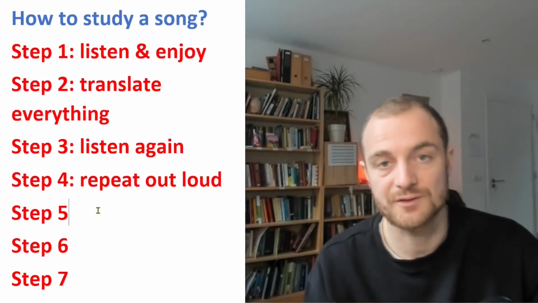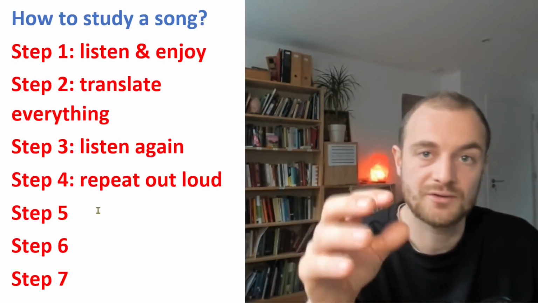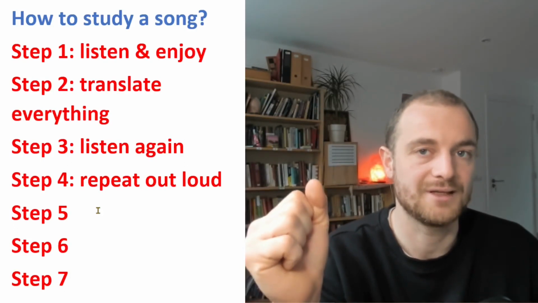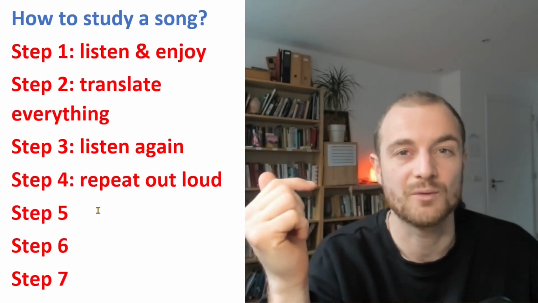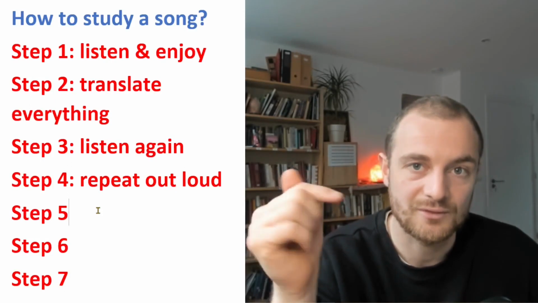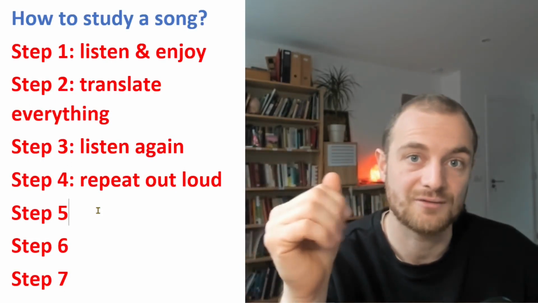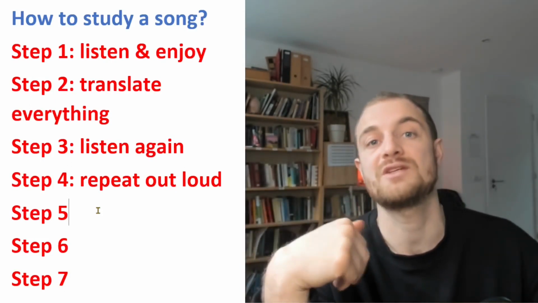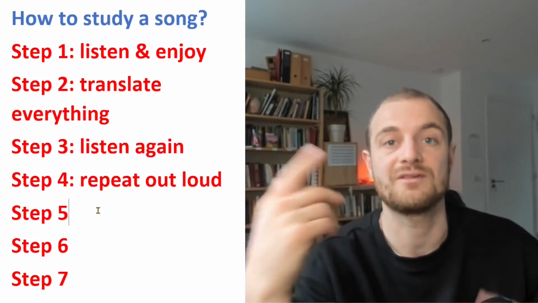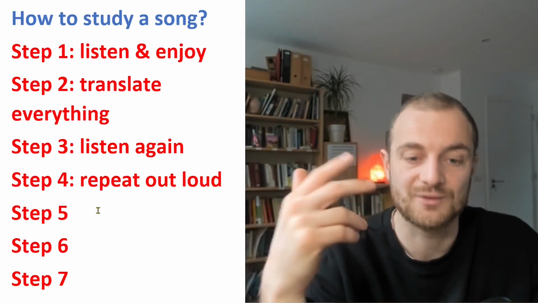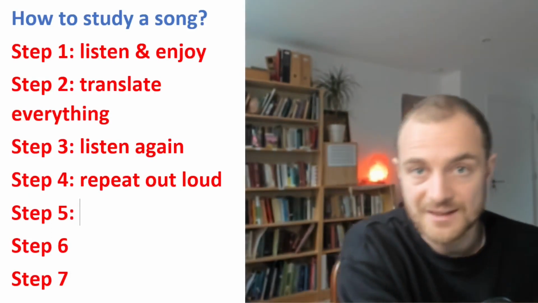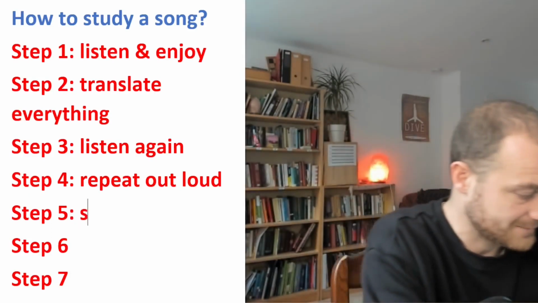Now, after that, you've only repeated it, right? So you're using the written text to repeat it, but you don't memorize any words or something like that. You probably notice that your pronunciation is a little bit off here and there. So that means you have to repeat this process until you get a really nice voice, until you can really, really get it. And what you then do is you try to sing along.